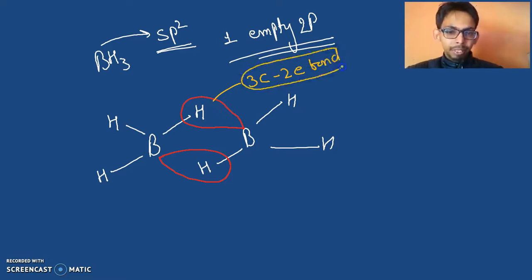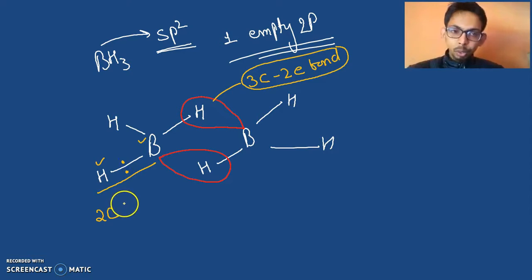Now what is this? See, if I talk about a general bond, in a normal bond there are 2 atoms, or we can say 2 centers involved. One is hydrogen, another is boron, and there are 2 electrons also, 1 bond pair.